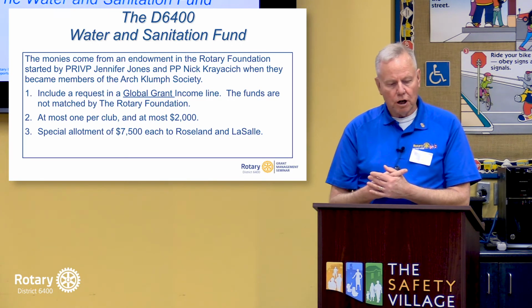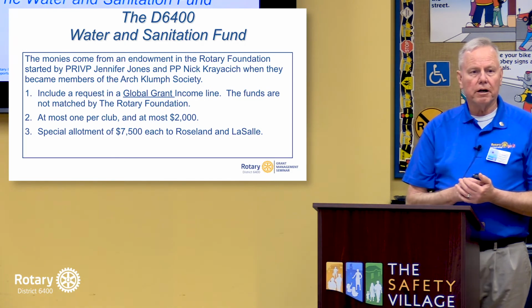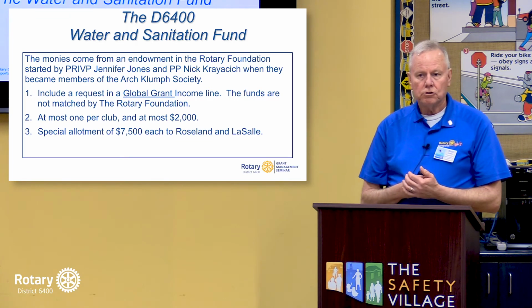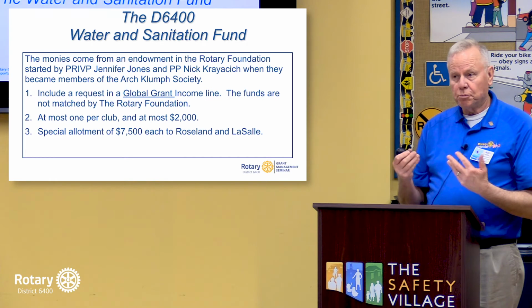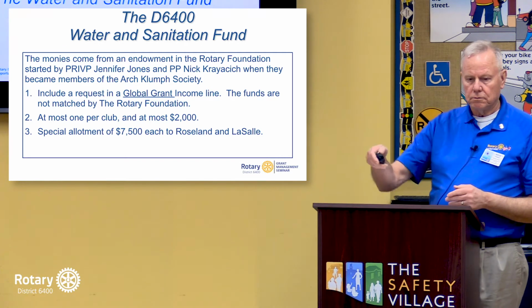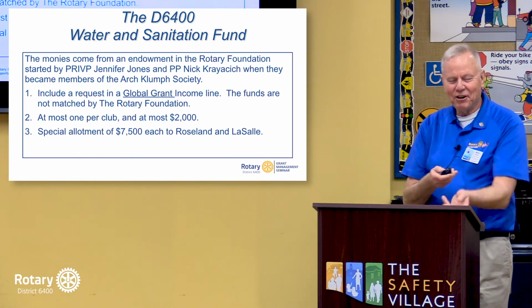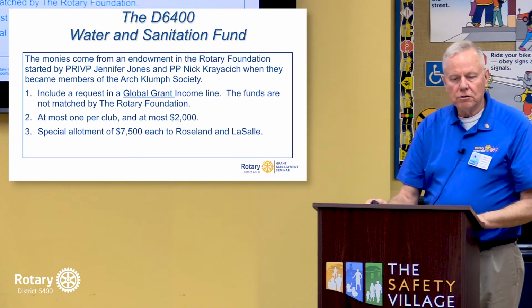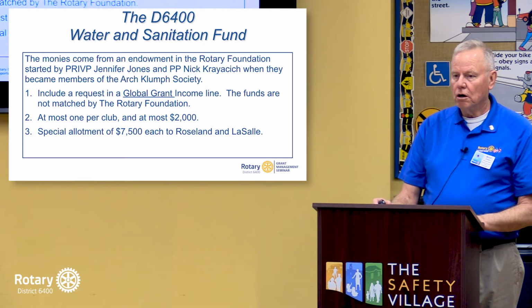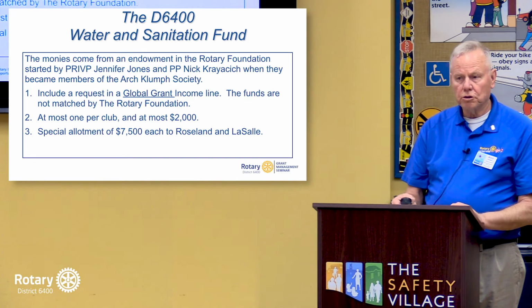Only for our district. So most clubs can apply for up to $2,000, except Roseland and LaSalle, because those are the home clubs for Nick and Jen. So we're allowing, at this point, up to $7,500 to go for those clubs' projects. So anyway, that $7,500 has already been earmarked for the Malawi projects being sponsored by LaSalle, and also Roseland's participating.